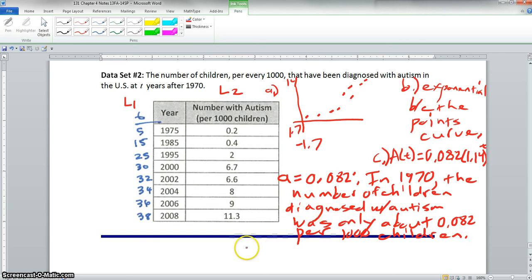Now that is a. Now b, we have 1.14, and we notice that this is greater than 1, so we know that it's going to be increasing.